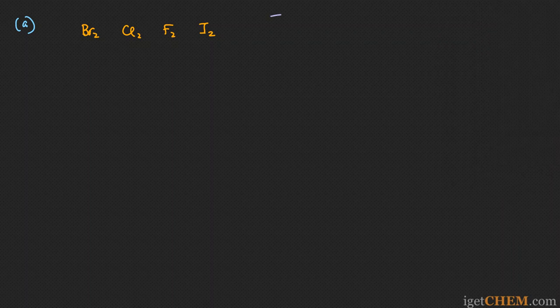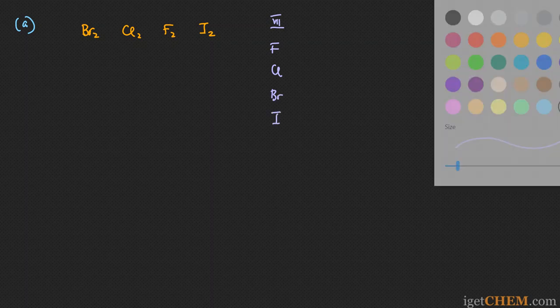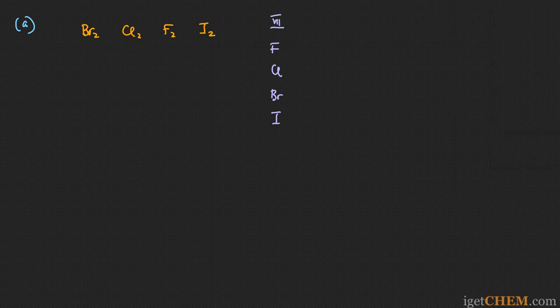So in the periodic table, group 7 has elements F and then Cl, Br, and then I. And so in the periodic table, they are arranged in this way, and these are called the halogens.